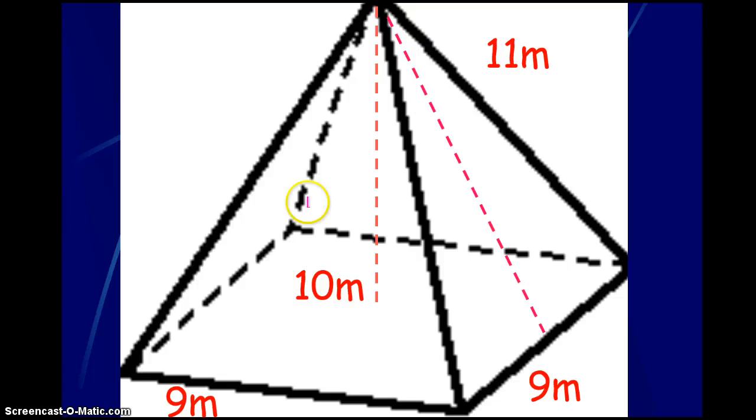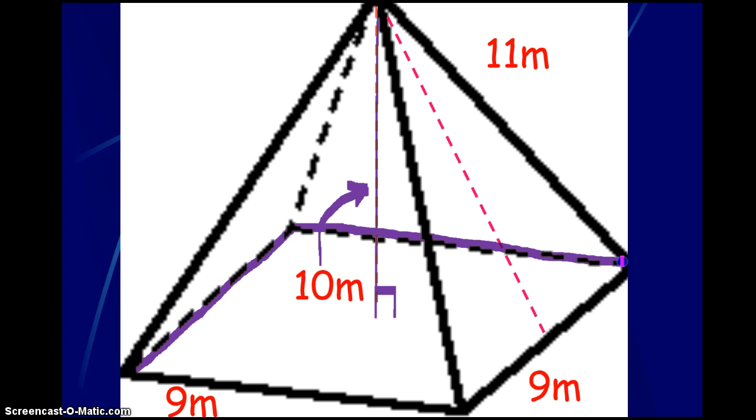And our last example, for our last square pyramid we're going to look at in our notes, has a height. Remember, we want the height, not the slant height. It's 10 meters. Go ahead and outline. If you have a highlighter, highlight the square at the bottom. It has a length and a width of 9 meters.